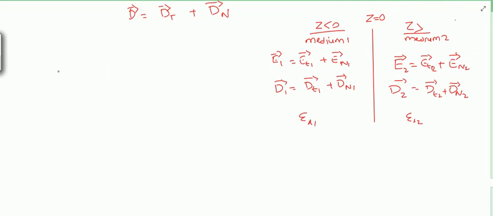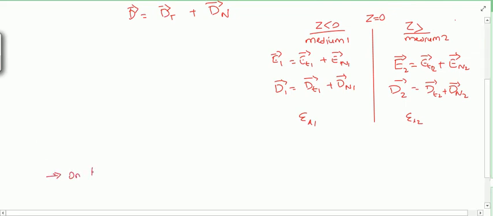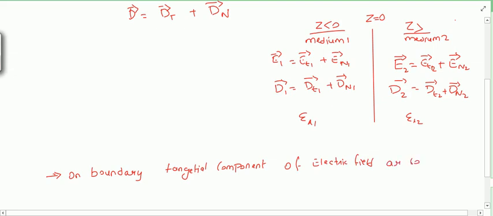We find that on the boundary, that is, I am taking the z equals 0 surface, the tangential component of the electric field, or electric field intensity, is continuous.